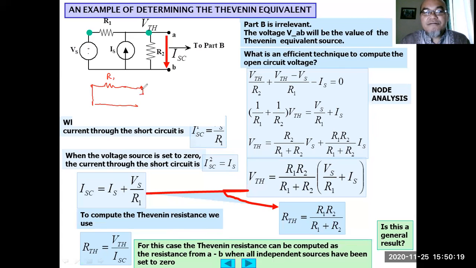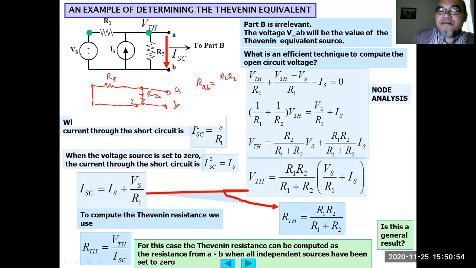Then we have R2, right? This is R1. Then this is A and B. So RTH, the short way would be to immediately find the equivalent resistance between A and B. This R1 and R2 are in parallel, right? So RAB equals R1 R2 divided by R1 plus R2.